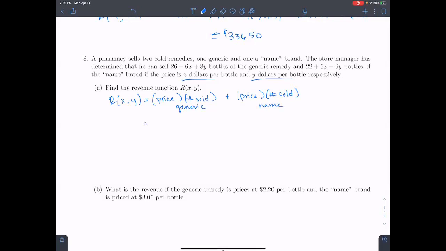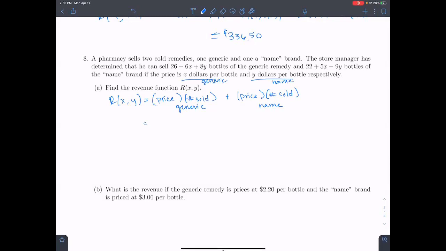So the generic is the X and Y is going to be the name brand.